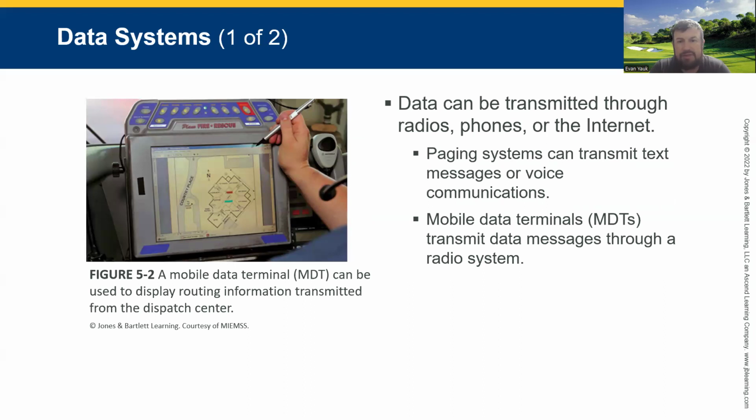Communication systems. So this is the data system. Communication systems are increasingly used to send and receive data. Data can be transmitted through radio, phone, or internet. Paging systems can transmit text message or voice communication. Some are both. The one I personally use is just a text message through a special app that gives me all the information when responding.